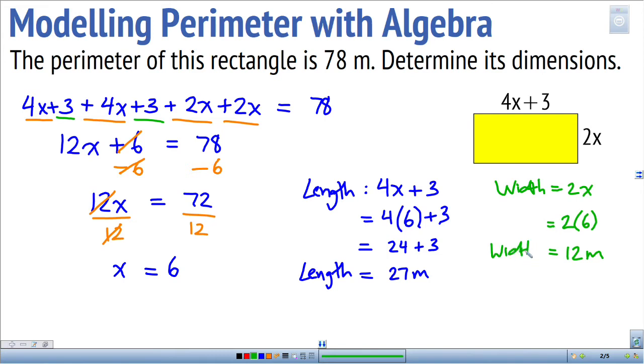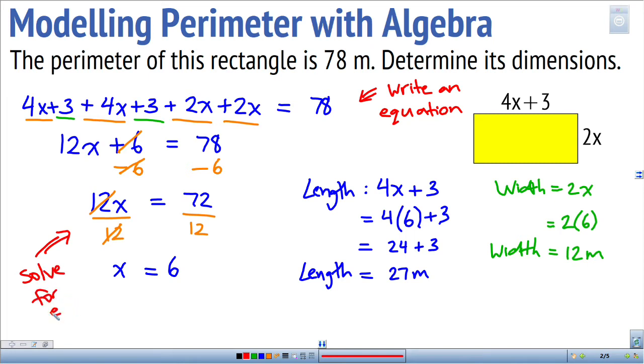All right, width. So I know that the length is 27 meters and the width is 12 meters. So you can see here we need to create an equation. That's a huge step. You need to write an equation. The next step is to solve for x in your equation.